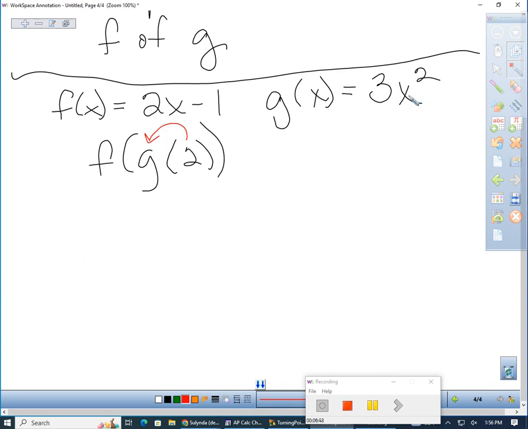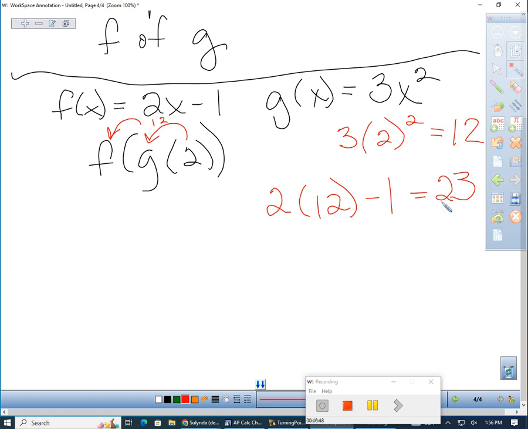So I plug 2 into my g equation, so I have 3 times 2 squared, or I get 12, right? So I have 12 right now. I now take that 12 and plug it into my f equation. So I have 2 times 12 minus 1. Correct. Okay, that's how function notation or composite functions work.